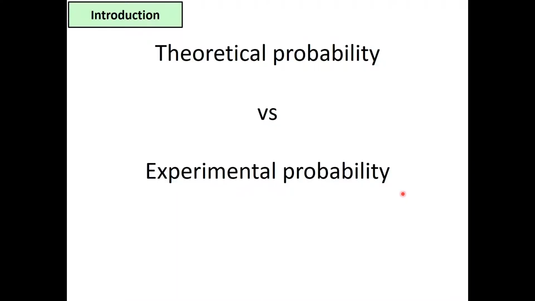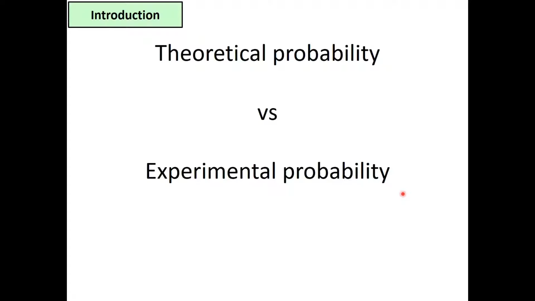The first thing is to touch on the basic understanding of theoretical versus experimental probability. The best example I can give you is flipping a coin. The theory would suggest if I flip a coin twice, I should get one heads and one tails, because you've got a 50-50 chance of getting heads or tails.